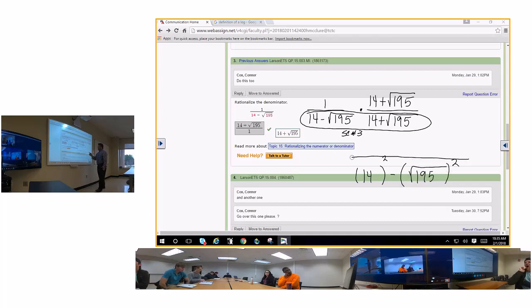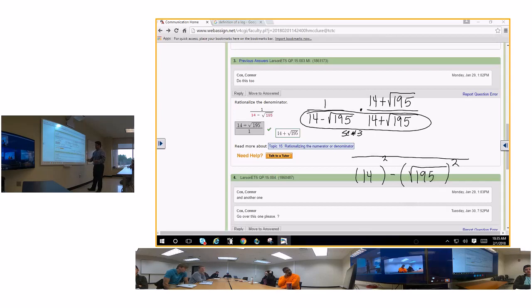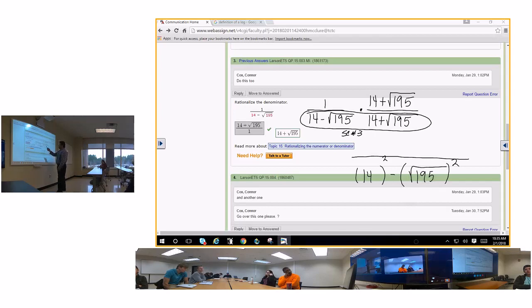Do we really care that much about the numerator if we're rationalizing the denominator? No. Most you're going to do in the numerator is distribute. 1 times this is 14 plus the square root of 195.